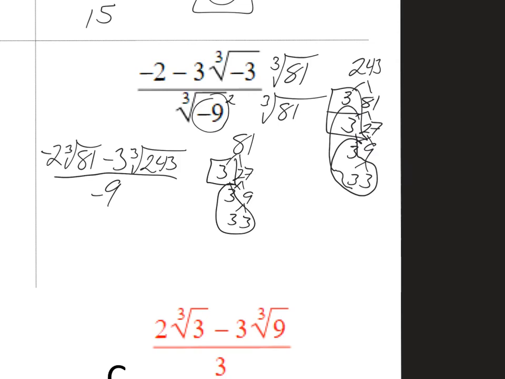Okay, so I have negative 2 times 3, so that's negative 6 cube root of 3, minus 3 times 3 is 9, cube root of 9 again, all over negative 9.